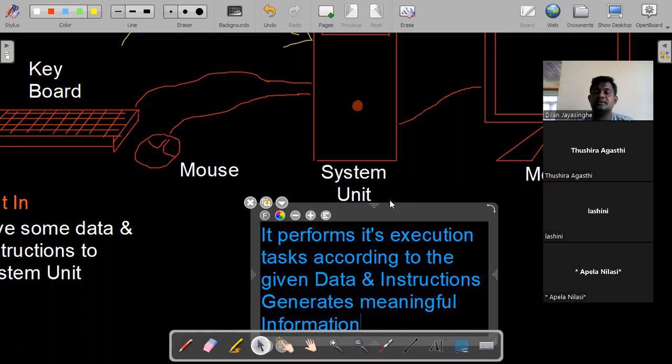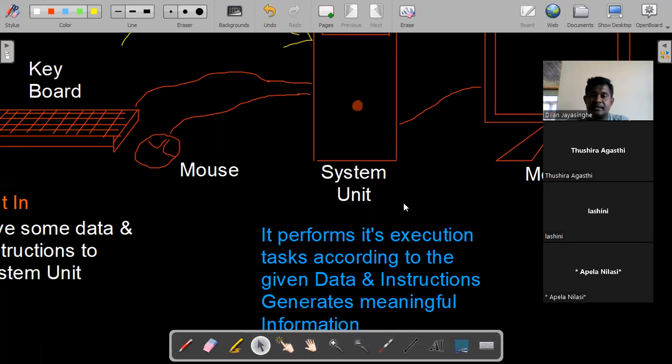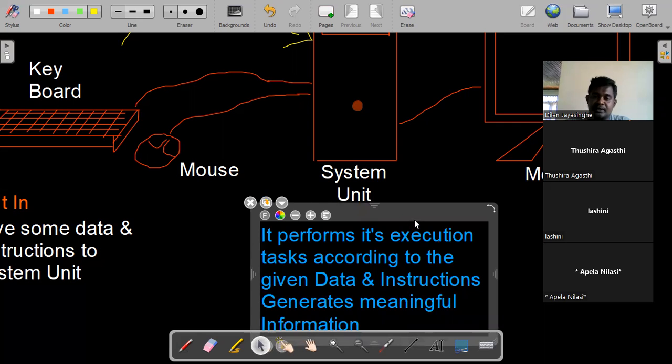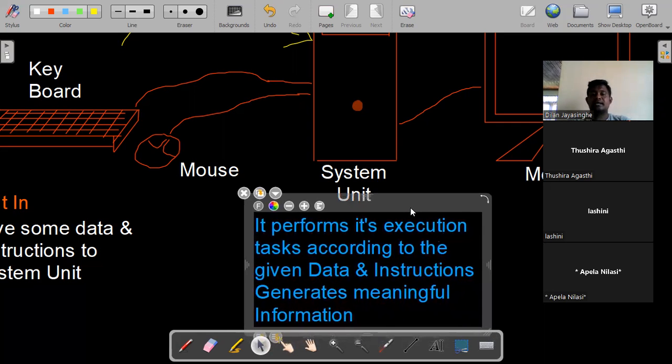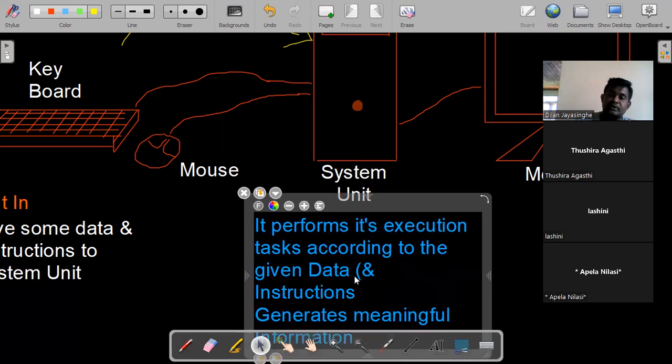It performs its execution tasks according to the given data and instructions. We'll put within brackets, according to the input.